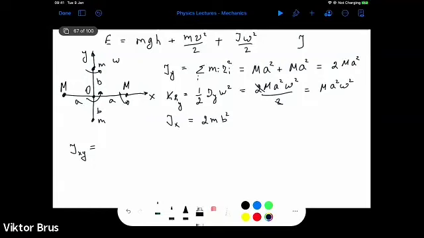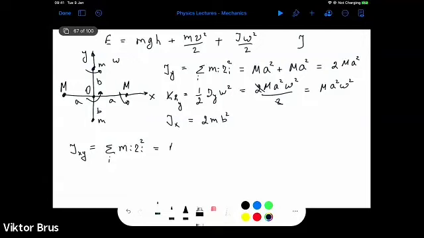And for that, we apply this equation, which we derived previously for the moment of inertia, which is the sum of m_i r_i squared for all masses which are involved. Now, in this case, all four masses are involved. And we can sum this up.